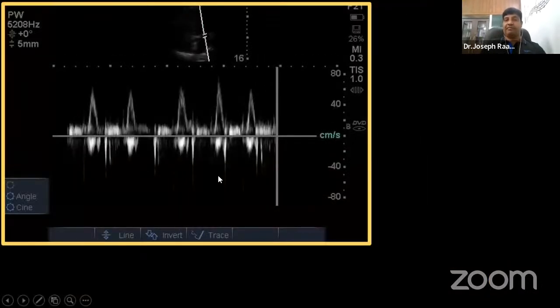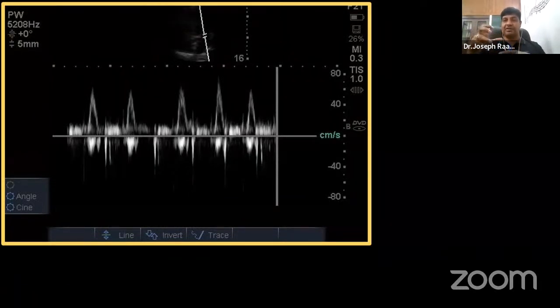So again, the assessment of the mitral inflow patterns. Normally, as I was telling a little earlier, when you analyze the mitral valve inflow patterns, we get two waves, correct? The first wave is E, the second wave is A. So in case of atrial fibrillation, you know that your atrial contraction is lost. That's obvious, no? Every one of us knows that.